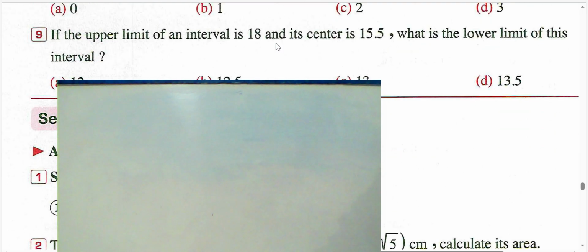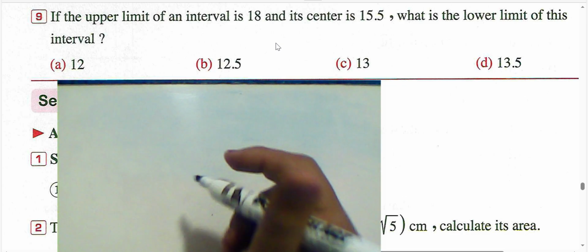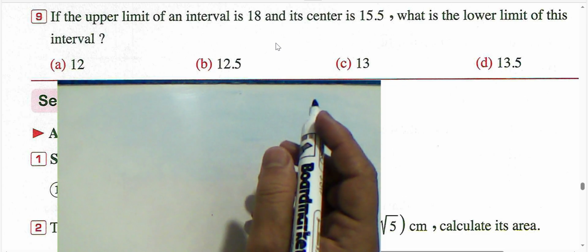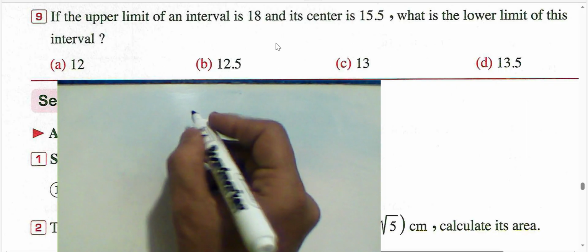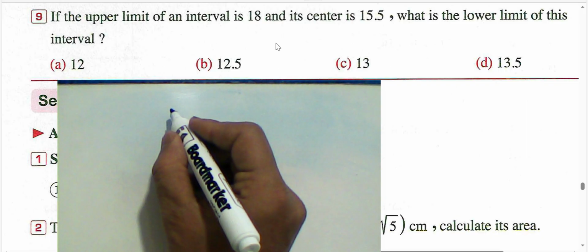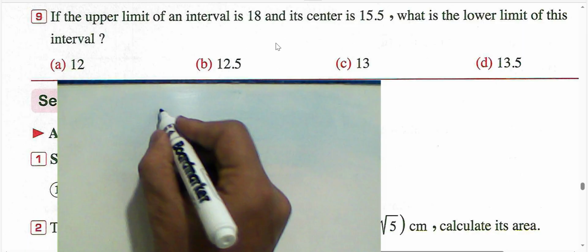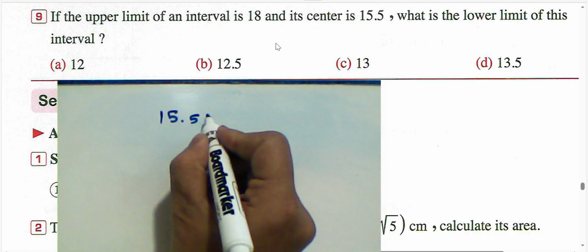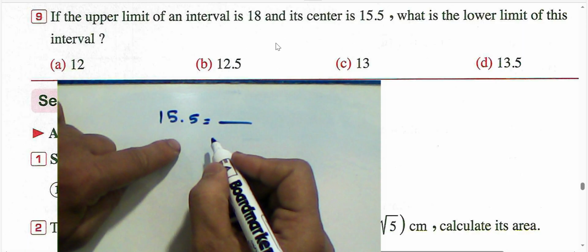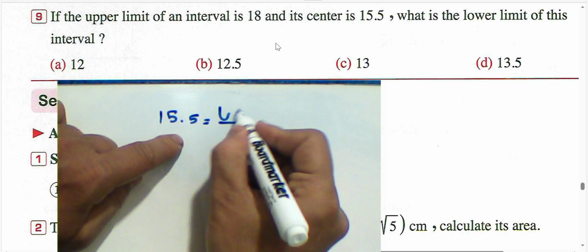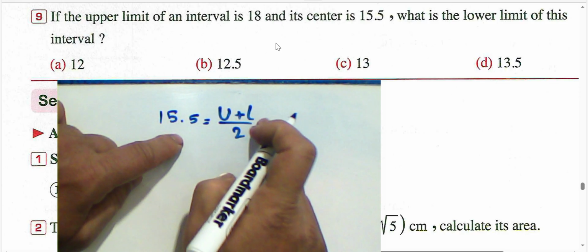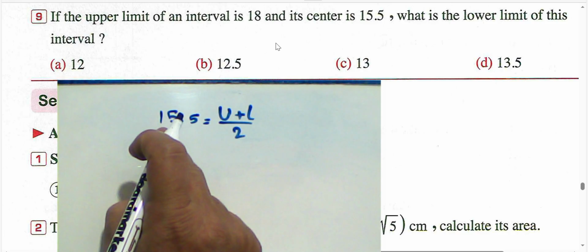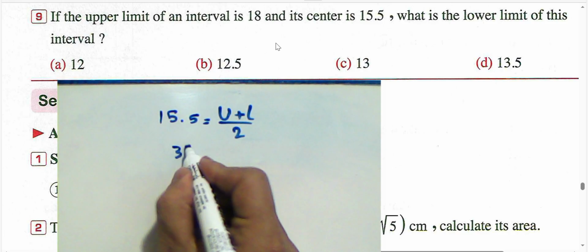Next question, number 9. If the upper limit of an interval is 18 and its center is 15.5, what is the lower limit of this interval? The rule here tells me the center equals upper plus lower divided by 2. 2 times 15.5 equals 31.